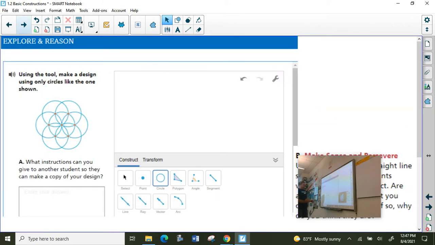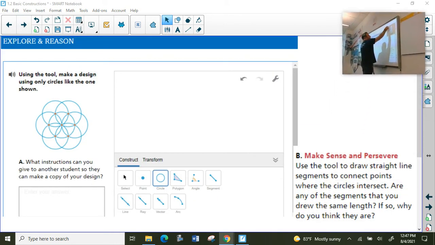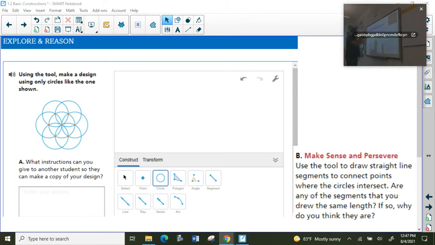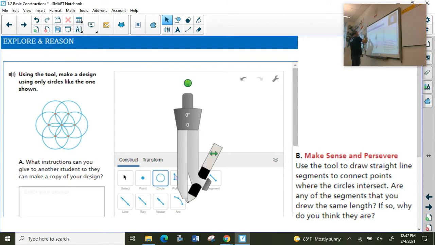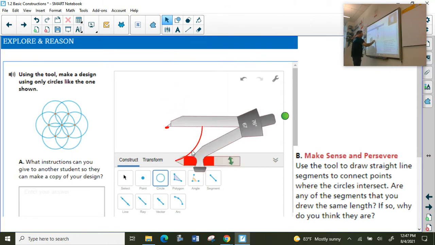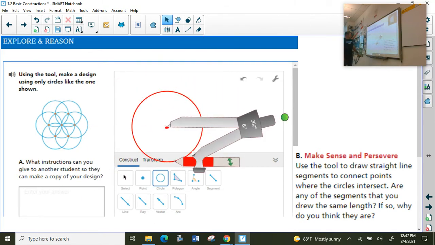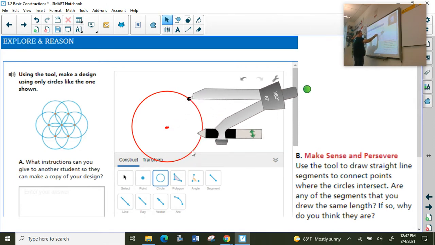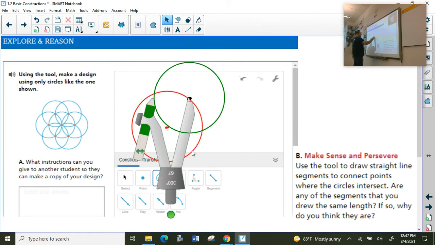So like I said, this first one says, hey, make this object here, and you just play with that. Well, I'm just going to take my compass. How can we make that object? Start with a circle here and go ahead, make a circle. So how do we do this? Well, I'm going to pick another point. I'm going to leave my compass the exact same size. And just to show you what this will look like, I'm going to make another circle.